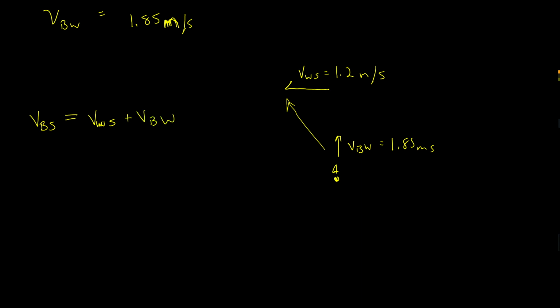Now I have to vectorially add these. So I'm going to make this my xy axis and make that my 0. And this is moving at negative 1.2 meters per second in the x direction. So the water relative to the shore is going to be negative 1.2 x hat plus 0 y hat meters per second.